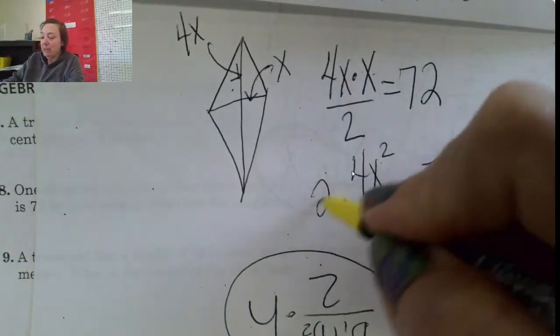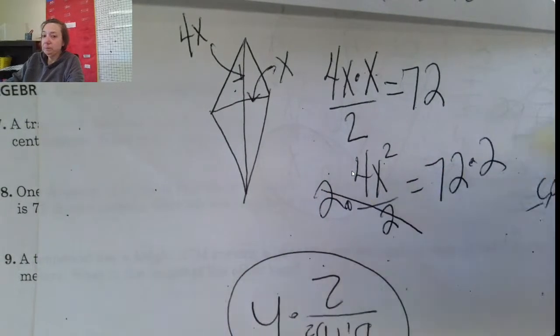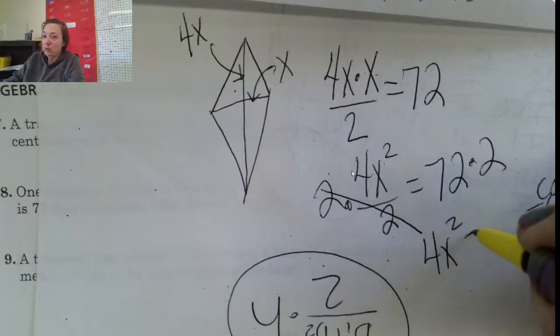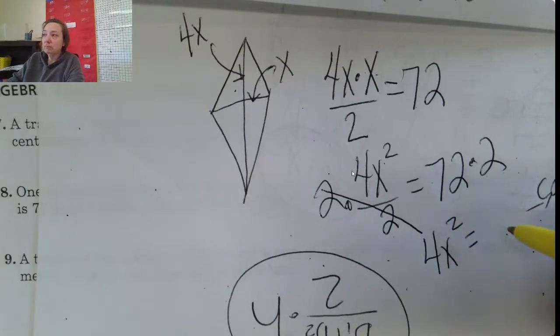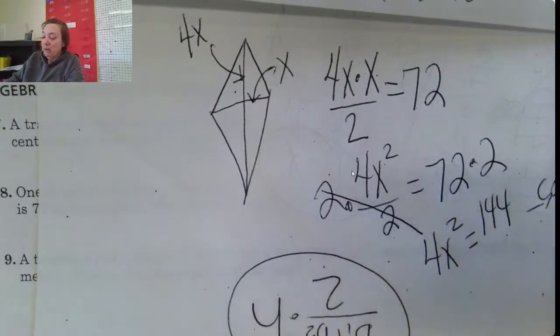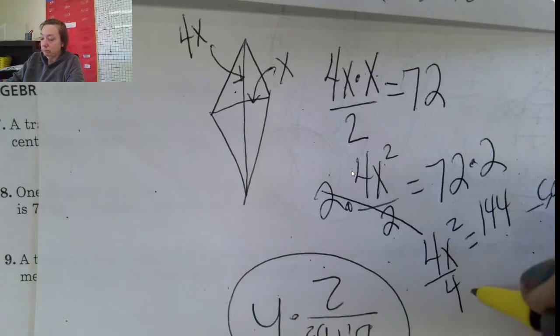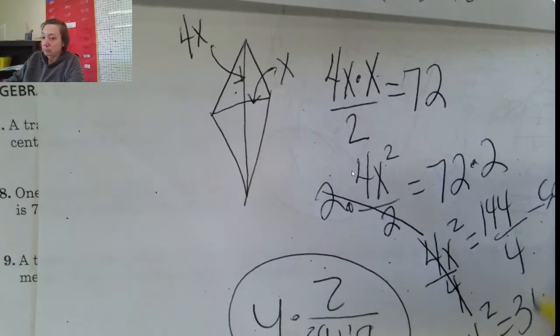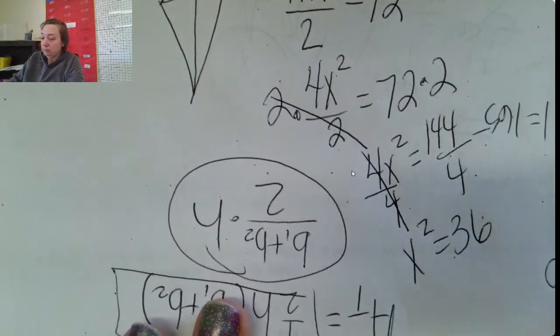We're going to multiply both sides by 2. So we've got 4x squared equals what? 144? Divide that by 4. And then what?